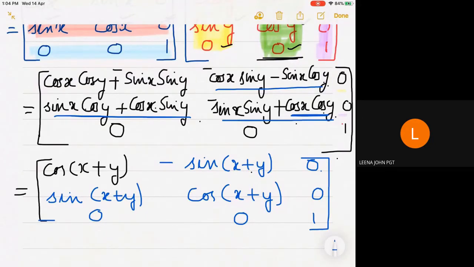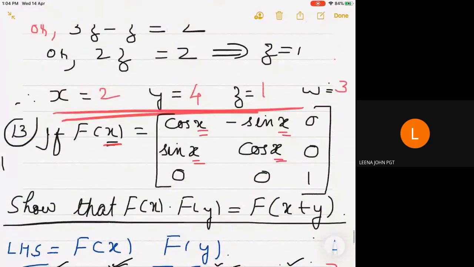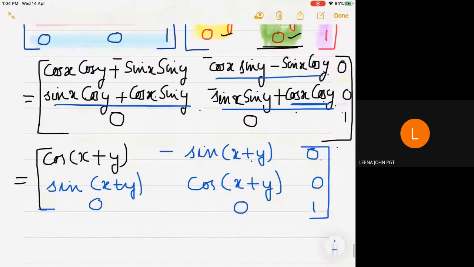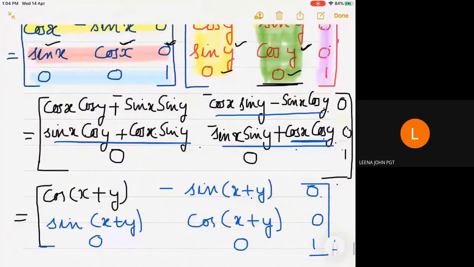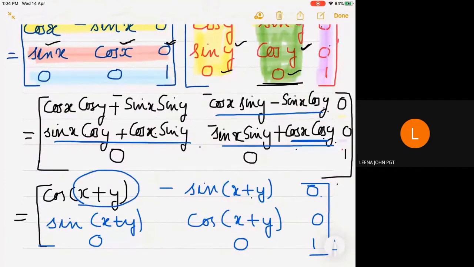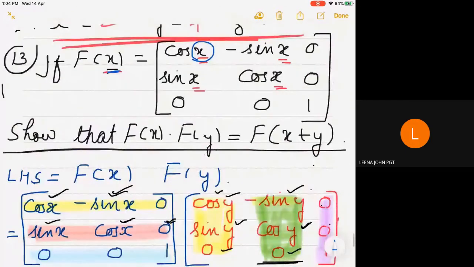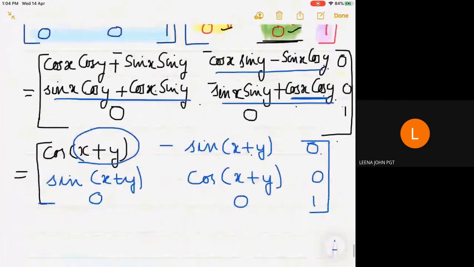Now you come to the question. In the question part, f of x is given, and the product matrix we got has a close similarity. You can see here, instead of x we have x plus y. So everywhere you can notice that instead of x we have x plus y.